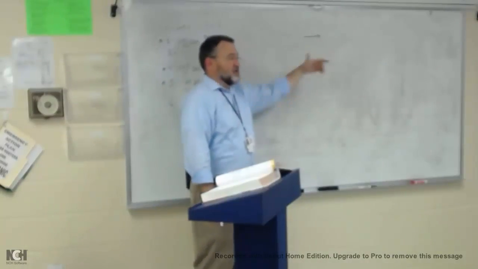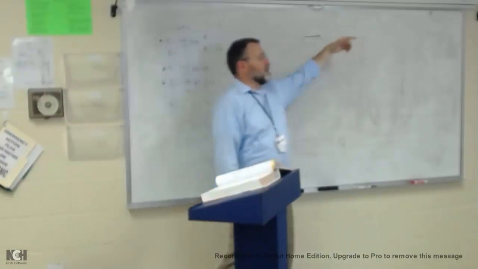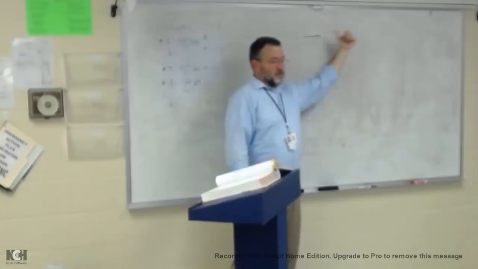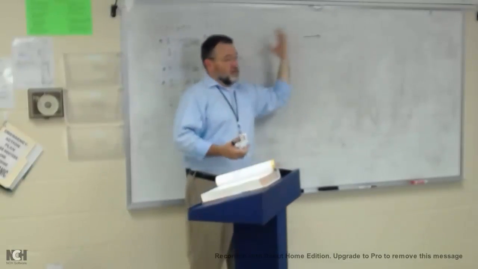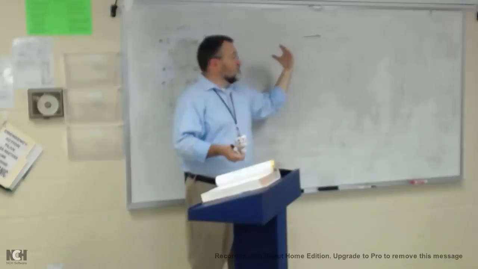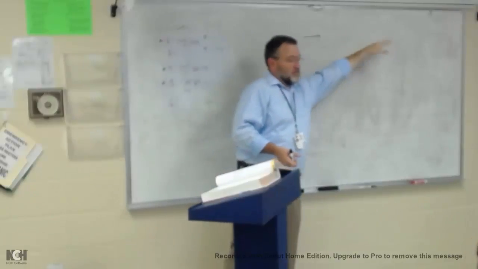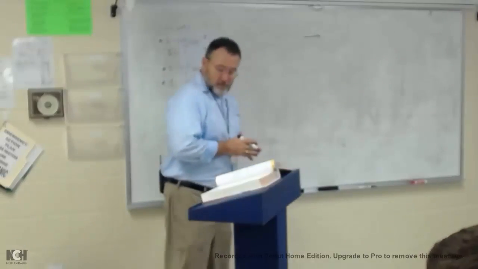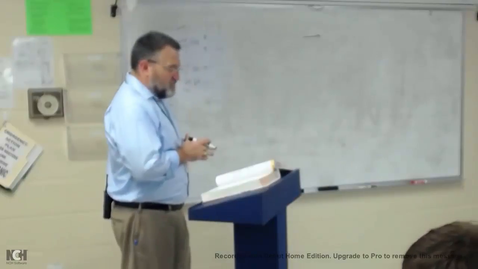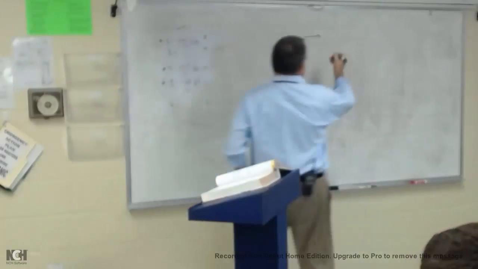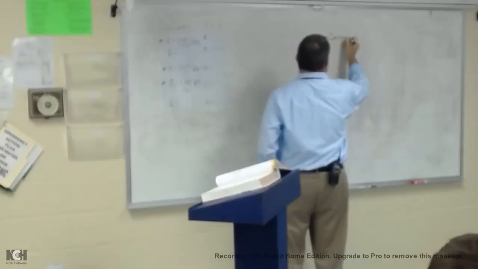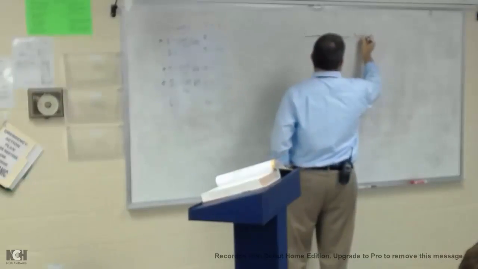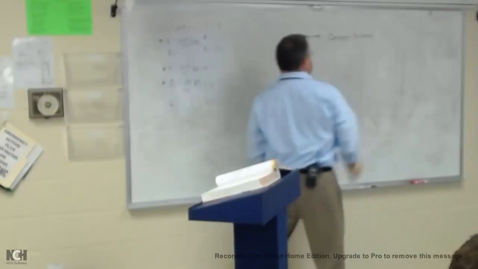This arrow tells me I started with something and I'm going to end with something. Moving this way, my reactants, the things that are going to mix, are going to go on this side of the arrow. The things that come out of the reaction are going to go on this side of the arrow. And it says making calcium nitride. I'm going to go ahead and assume that I'm ending with calcium nitride.